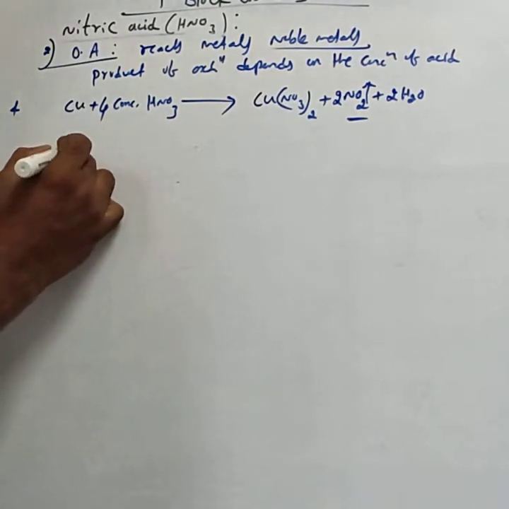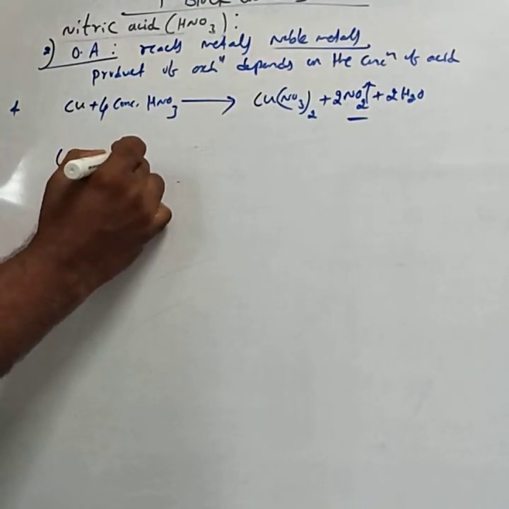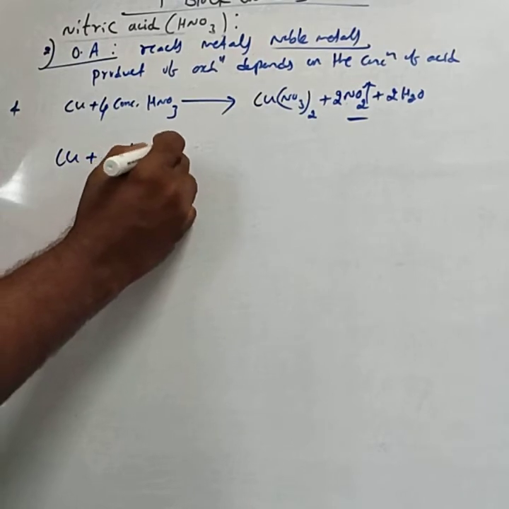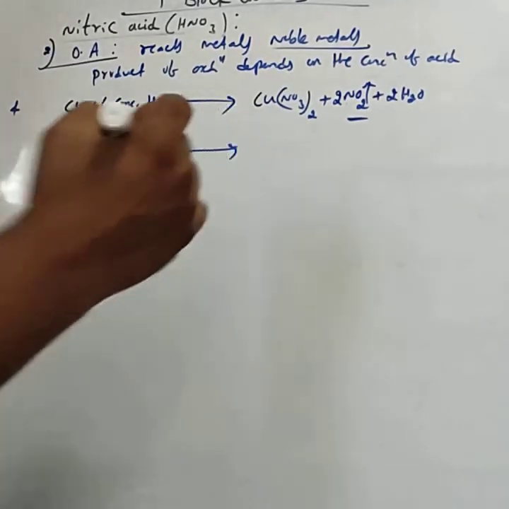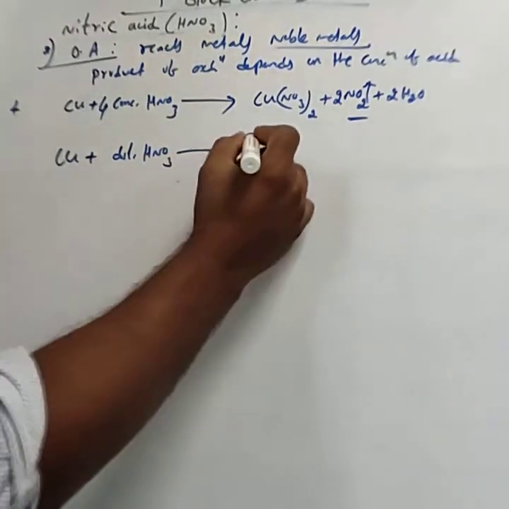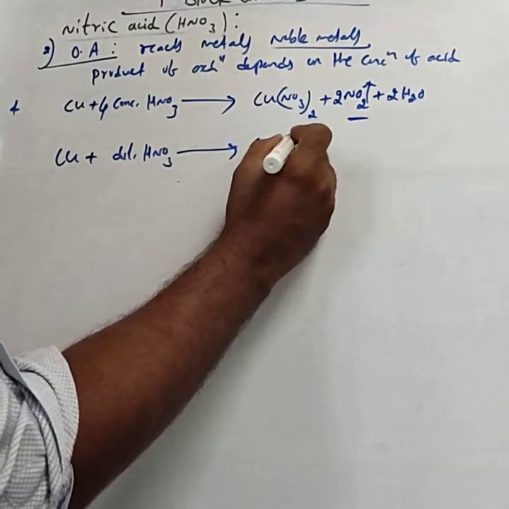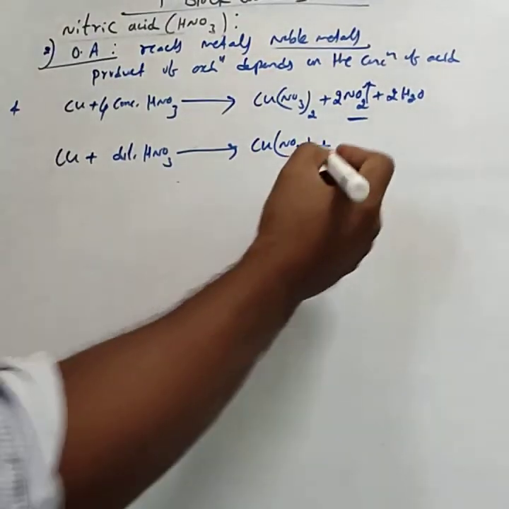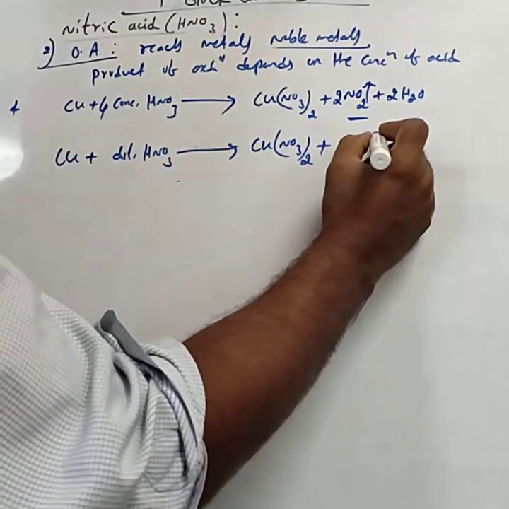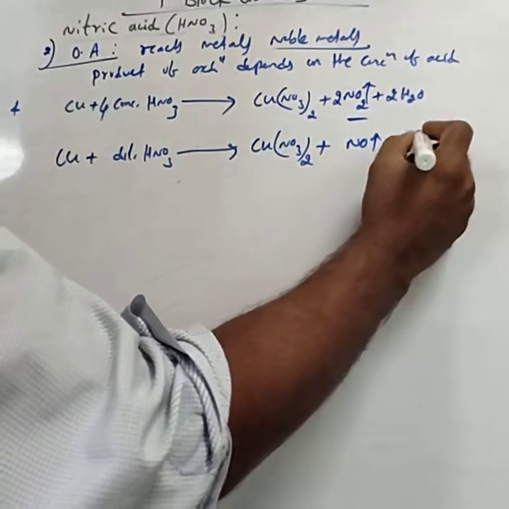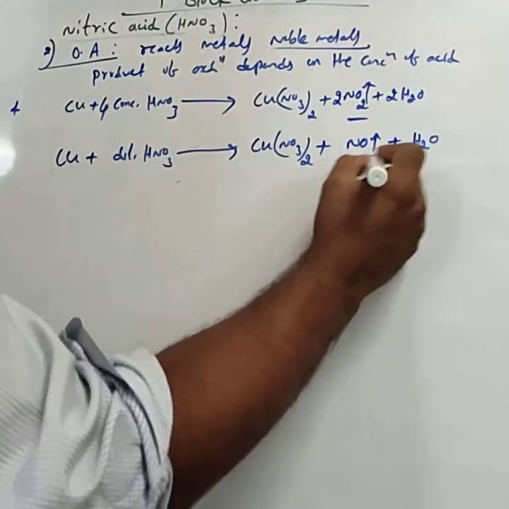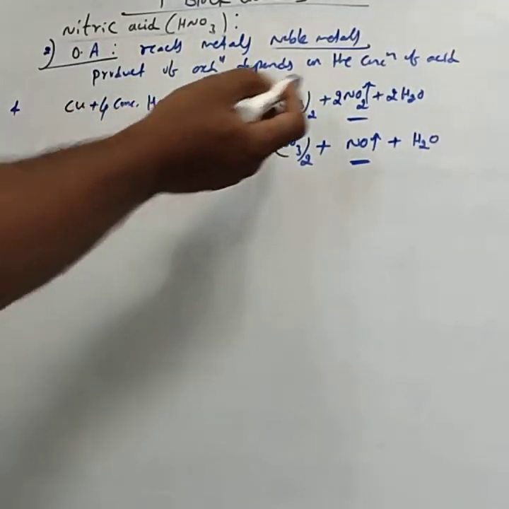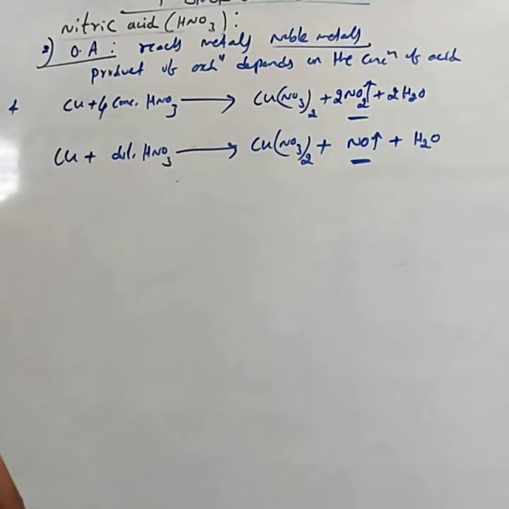But if you take dilute HNO3, copper treated with dilute HNO3, dilute HNO3 oxidizes copper into cupric nitrate. Here the product is the same, but instead of nitrogen dioxide, the gas evolved is nitric oxide, NO. With concentrated HNO3, nitrogen dioxide; with dilute HNO3, nitric oxide.